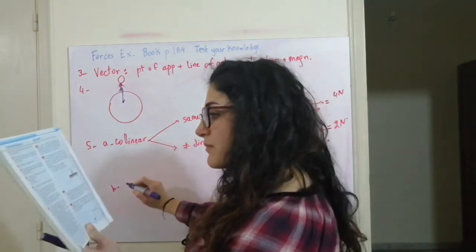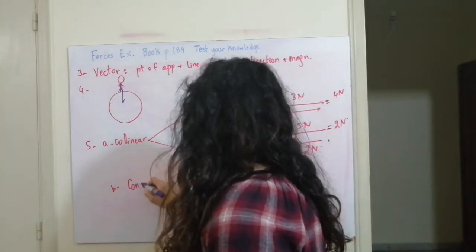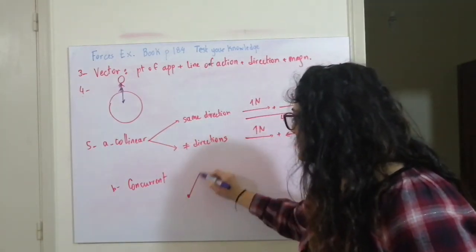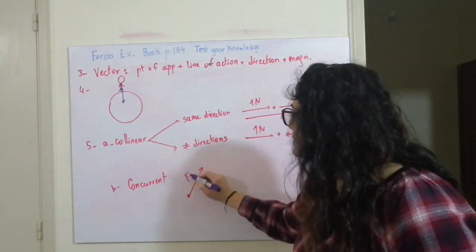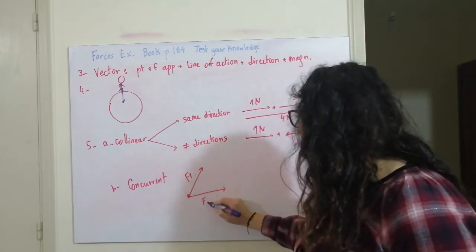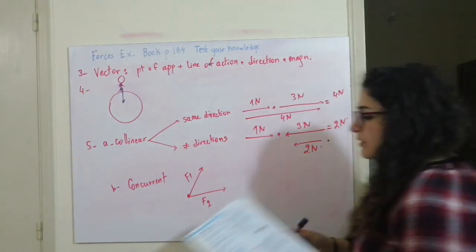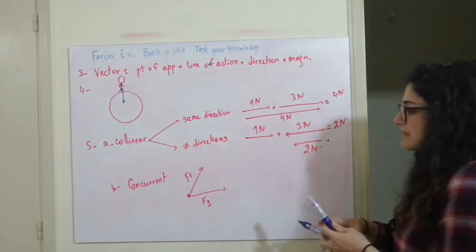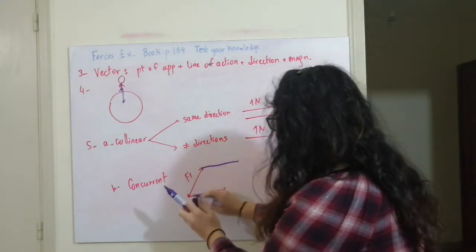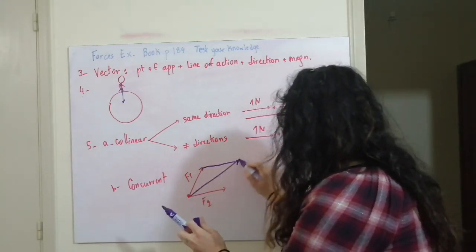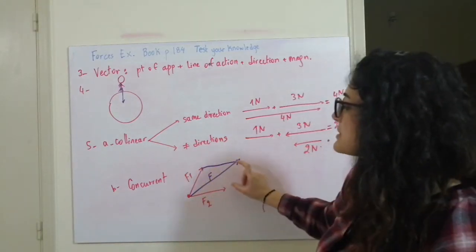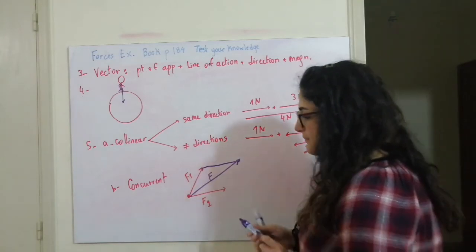And B, if they are congruent, let's say this is F1, this is F2, we have to complete the parallelogram. You hold F2 and you put it up. This is the resultant. You can hold F1 and put it down as well.